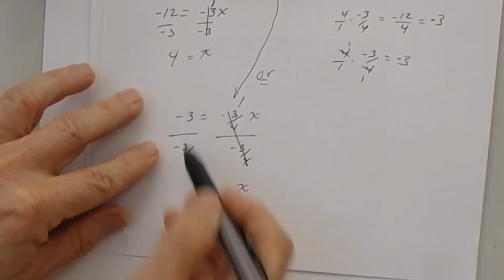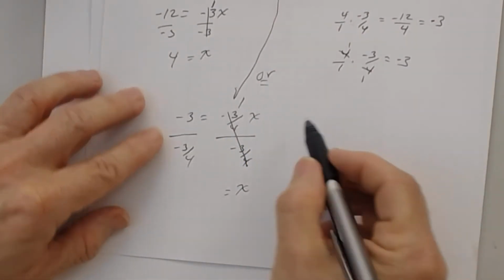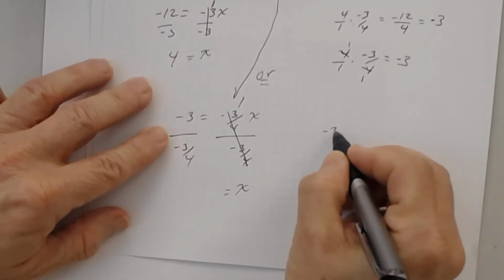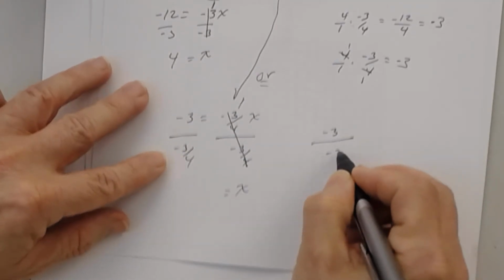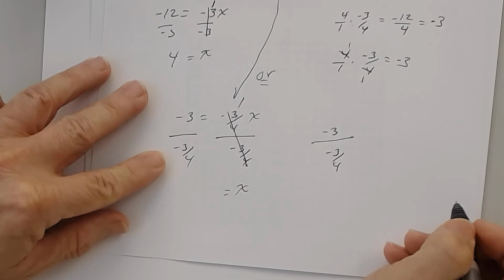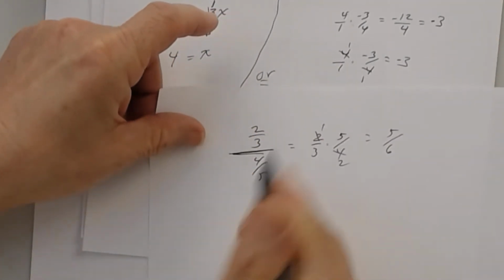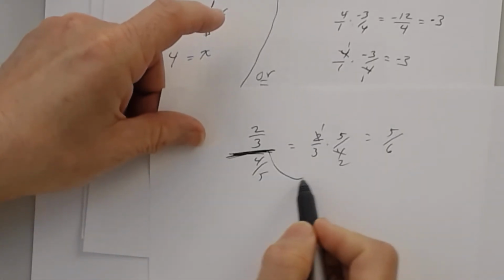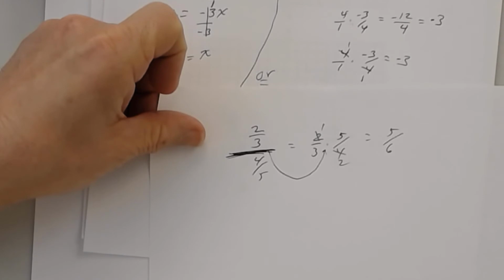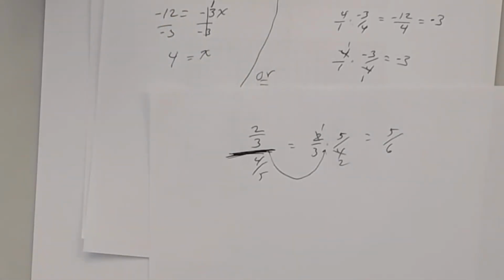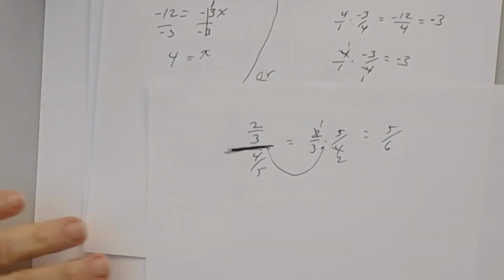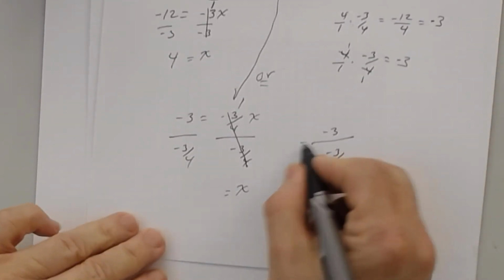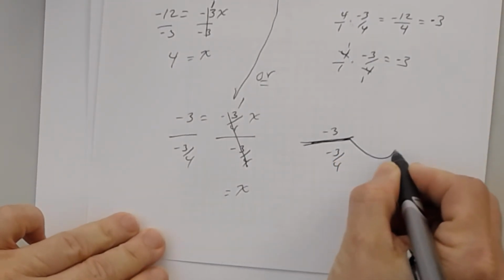Over here, I have -3 divided by -3/4, correct? Let's remember what we just did. When I divide fractions, notice that division right here, I change this to a multiplication problem. It's the numerator times the reciprocal of the denominator. I change it to what kind of problem?